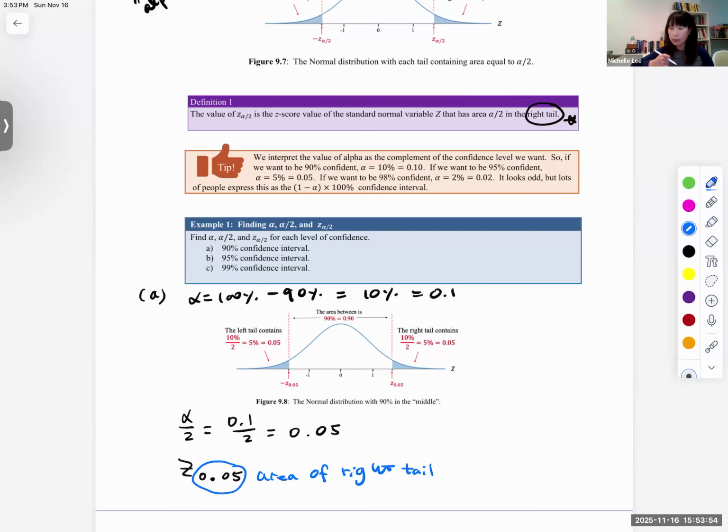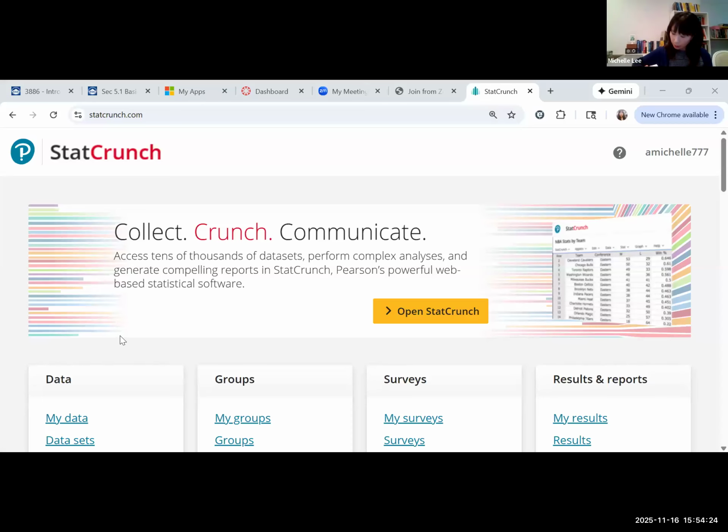We can use the secant. All right, so let me share screen and then go over the normal curve. Okay, let us do that. All right, so open secant.